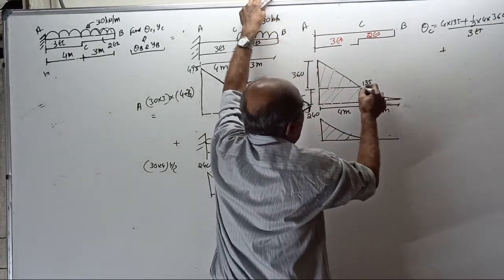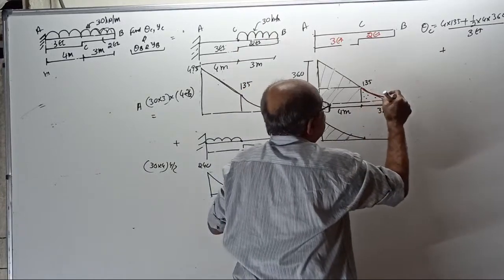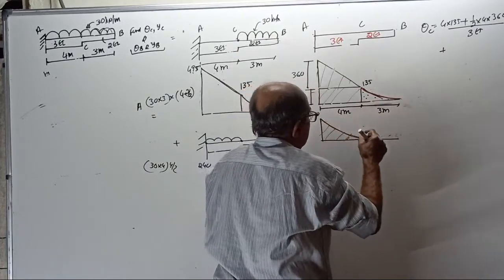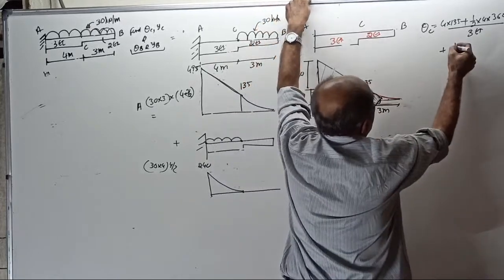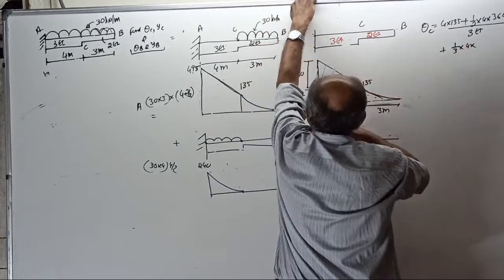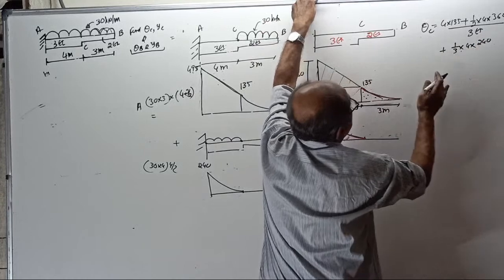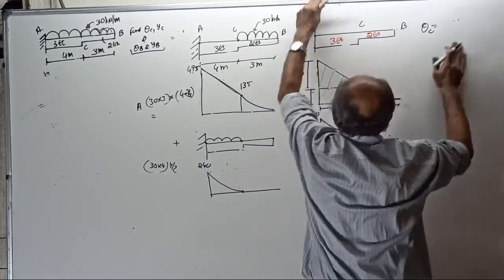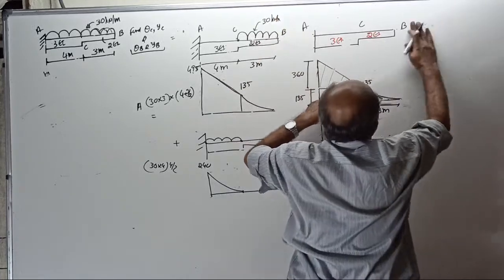Remember, this is a parabolic area, and I will use red color. This is the parabolic area formula. This area is 1 by 3 of base 4 and height 240. That is also divided by 3EI. Why waste time? Theta C is this area, this area, this area. I will write here.